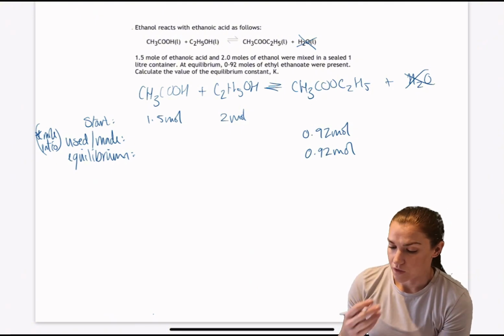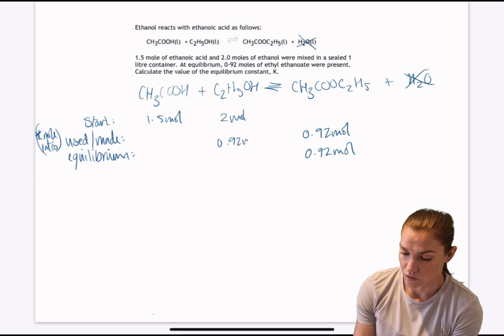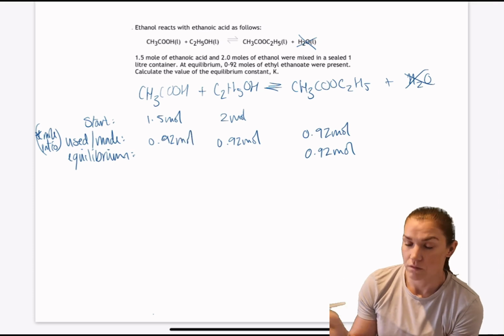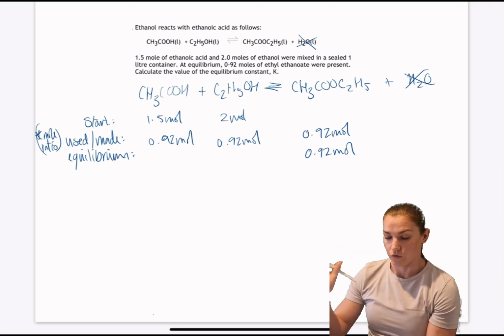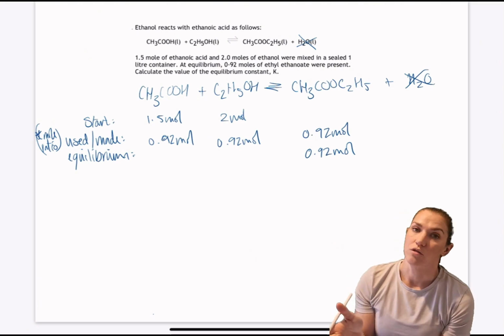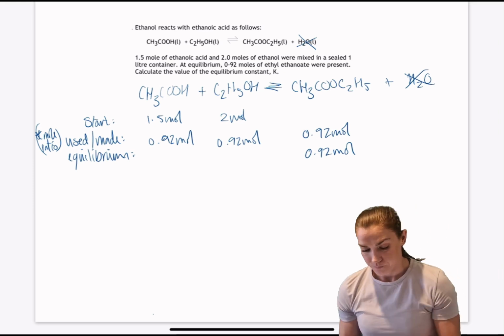So because it's a 1:1:1 ratio, that means that it will be 0.92 moles of each of the reactants being used. Because it's 1 mole to 1 mole to 1 mole, if you made 0.92 moles of your ester, you must have used 0.92 moles of your ethanol and 0.92 moles of your ethanoic acid.